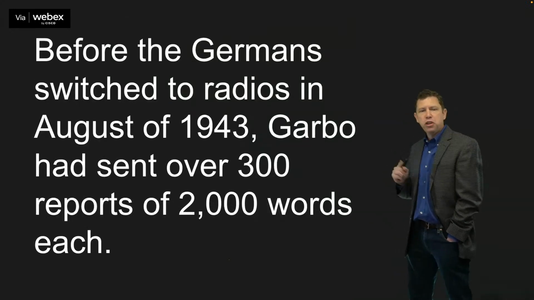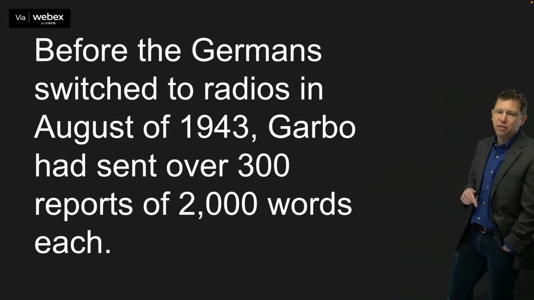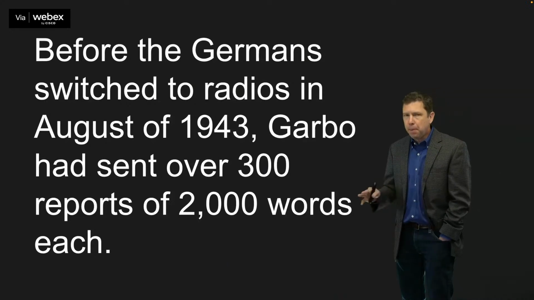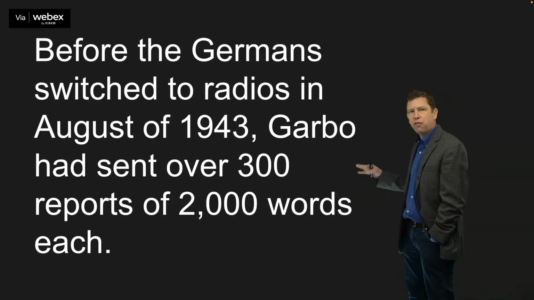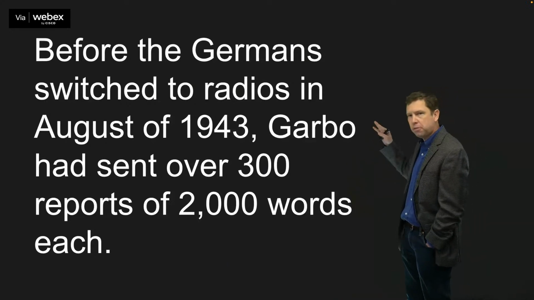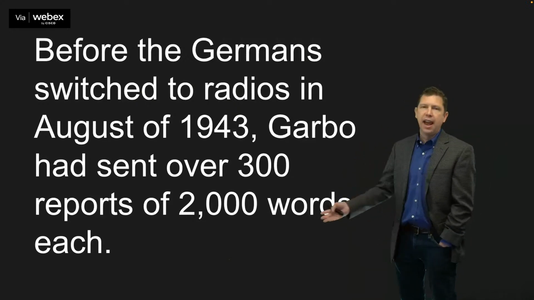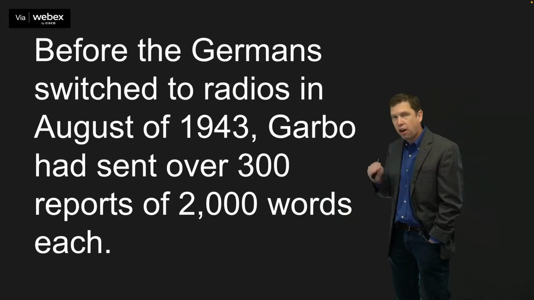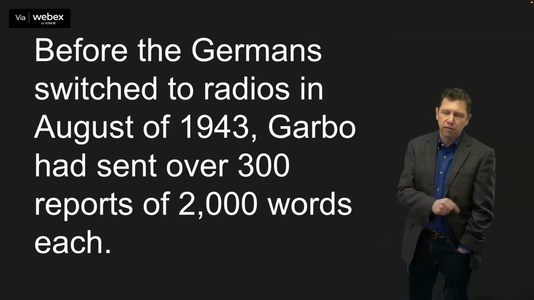So before the Germans switched to radios in August of 1943, Garbo had sent over 300 reports of 200 words each. And keep in mind, these are supposedly coming from 27 different agents, but he's just making stuff up at first. And then when the UK gets involved, they're actually being careful of what they send to convey certain messages.